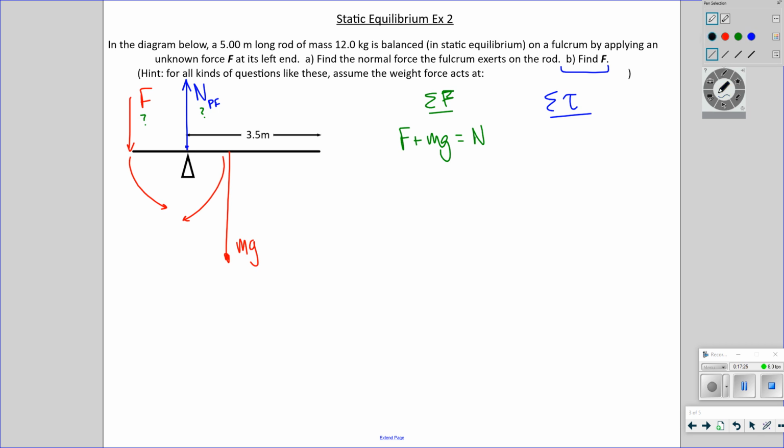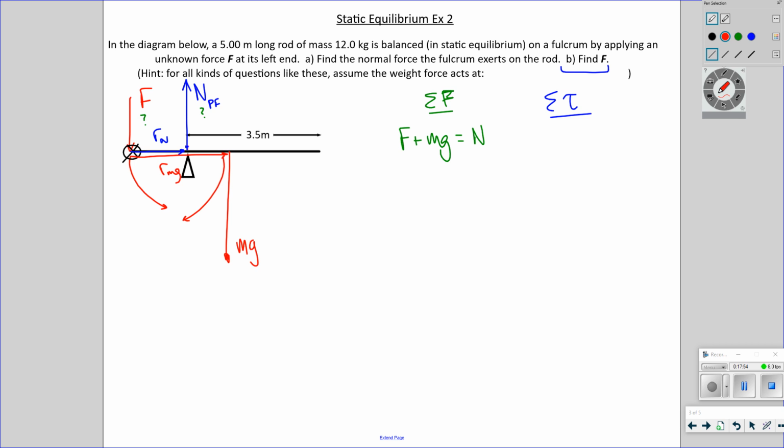And the way I do that is by saying, I'm going to measure torques generated about the end of the rod. And you say, but the thing doesn't rotate about the end of the rod. Yeah, okay, it doesn't. You're right, but it doesn't matter. All right, I can now say that if I look at torques generated around the end, there's an R to the normal force. There is an R to mg.